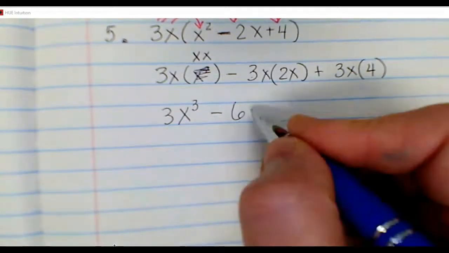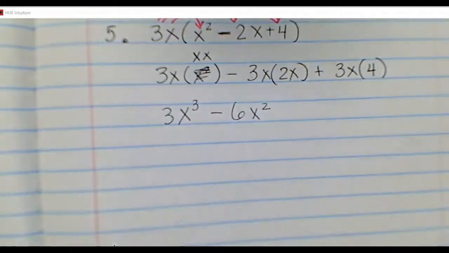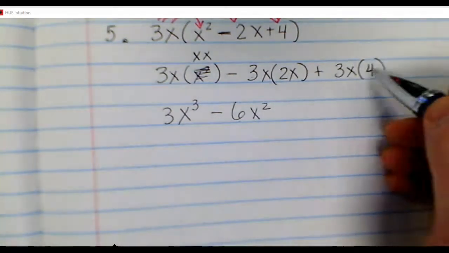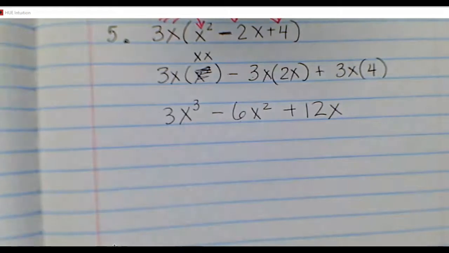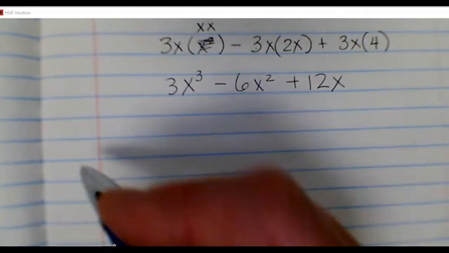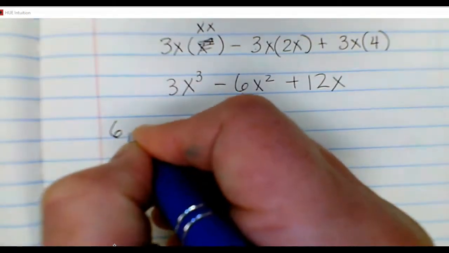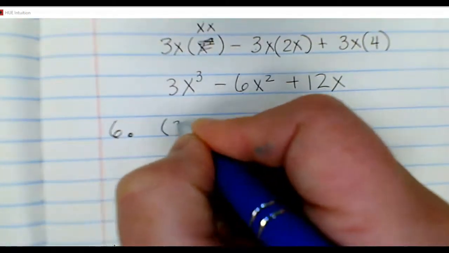X times x is x squared. The 3 times the 4 is a 12, and then there's an x.